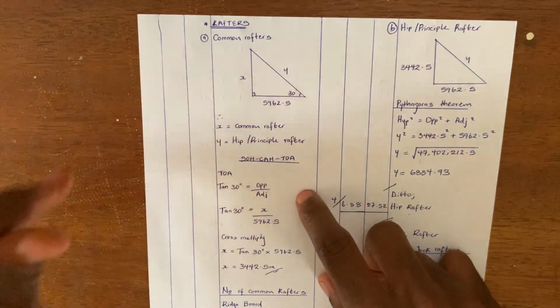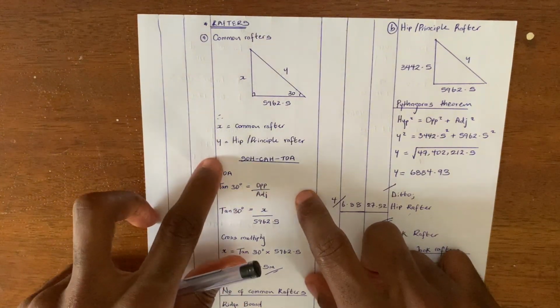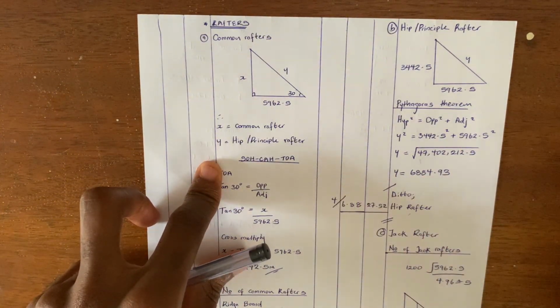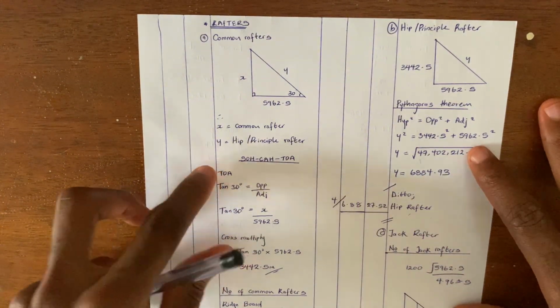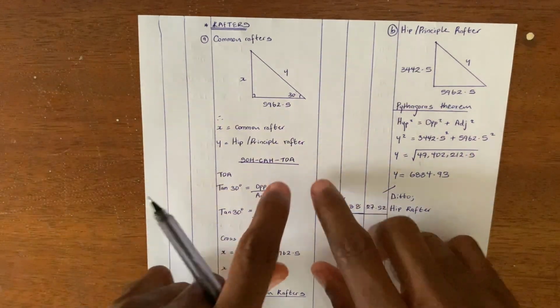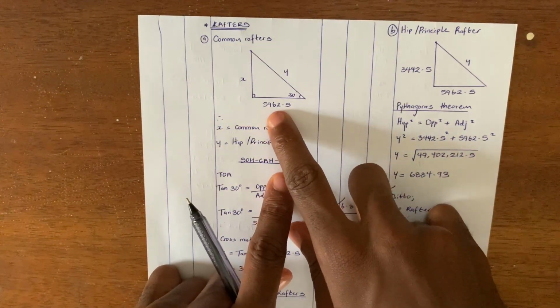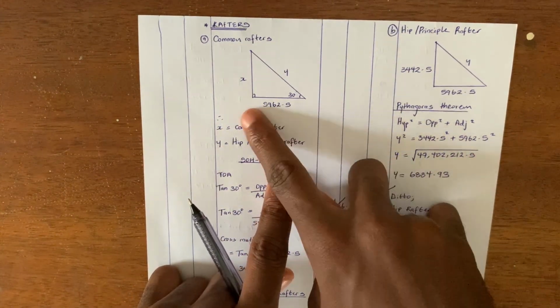Now how do we find our X, which is the common rafter? All you need to do is start from the known points to get the unknown points. We know that we have this part, which is our adjacent.